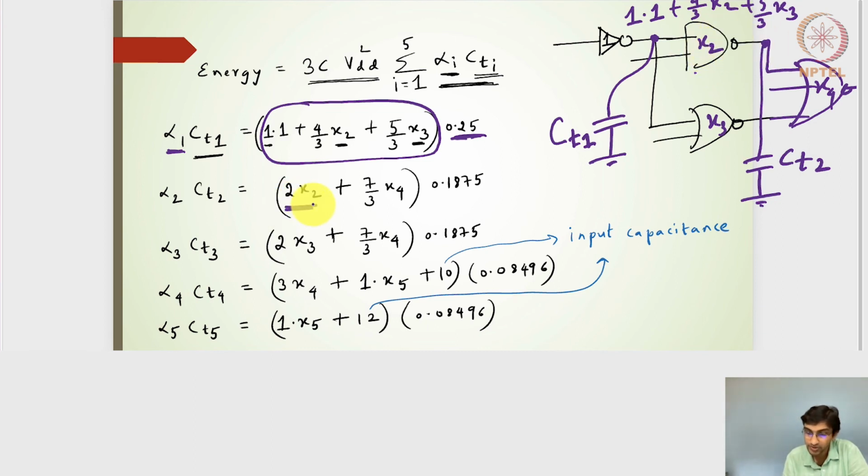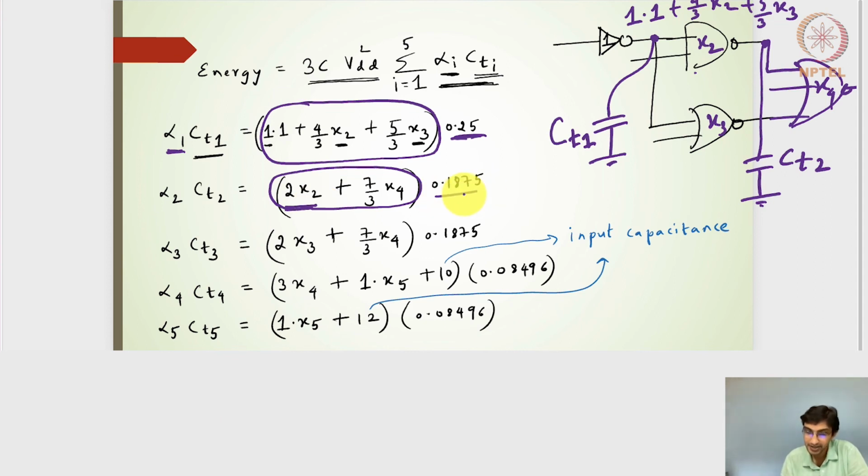So I have 2x2 here, and then the input capacitance coming from this 3-input NOR gate, whose logical effort is 7/3 multiplied by x4. So that is 7/3 and x4. I'll get this total capacitance multiplied by 0.1875.